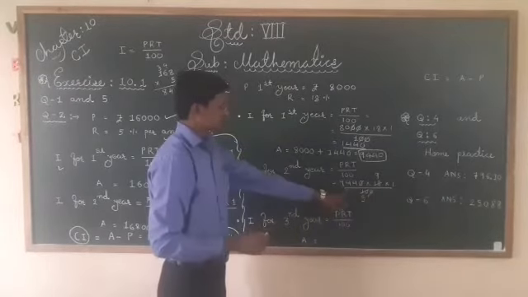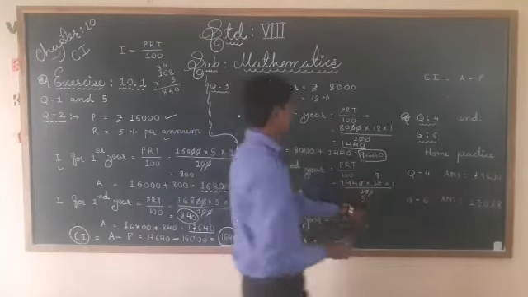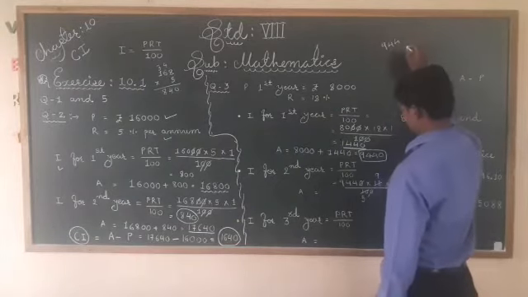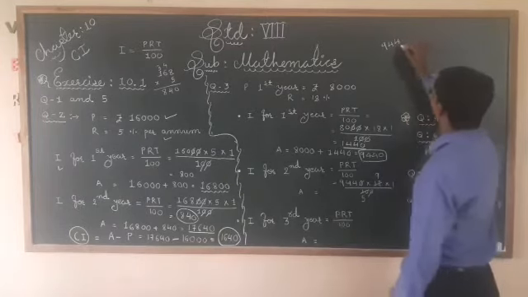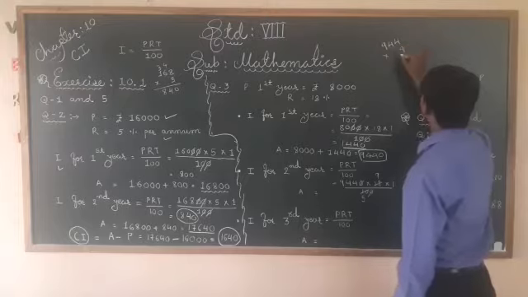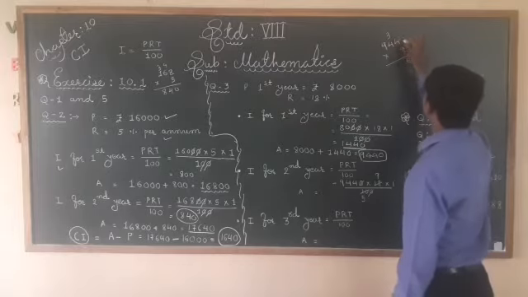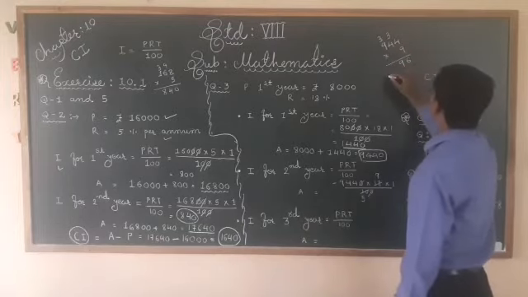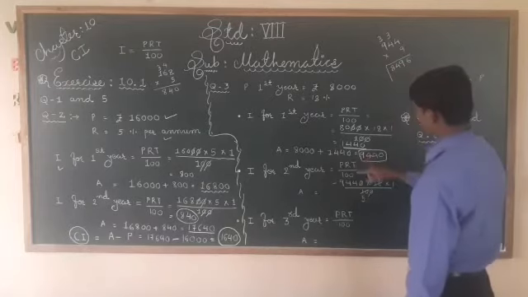Now if you multiply this one and divide by this, you will get the particular answer. 944 multiplied by 9. So 9 times 4 is 36, 3 carry, 9 times 4 is 36 plus 3 is 39, we carry 9, 9 times 9 is 81, 81 plus 3 is 84. Now divide by 5.